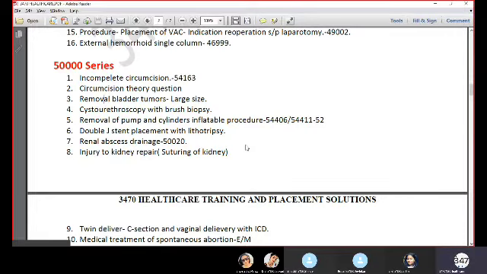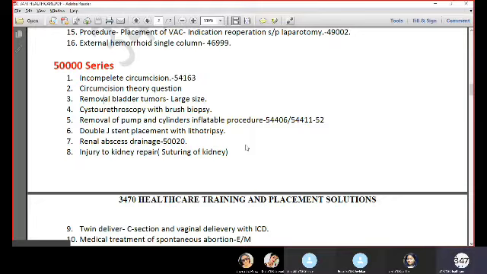That is the modifier concept. But that concept is not applicable for the circumcision codes. Do not append modifier 63 along with circumcision codes.